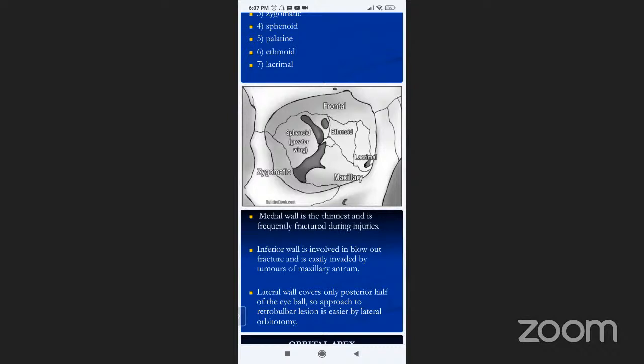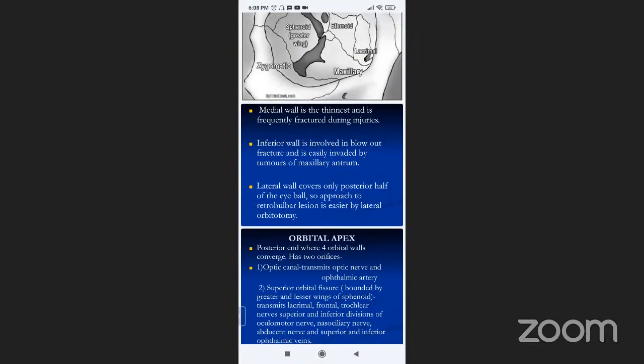Then the inferior wall is involved in blowout fracture, and it is easily invaded by the tumors of the maxillary antrum. That is, maxillary tumors can invade into the orbital cavity through the floor of the orbit. And the peculiarity of the lateral wall is that it covers only the posterior half of the eyeball. So that is the area most vulnerable to injury to the eye. Any force acting from the lateral aspect can injure the anterior-most part of the eyeball because it does not cover the anterior portion of the eyeball.